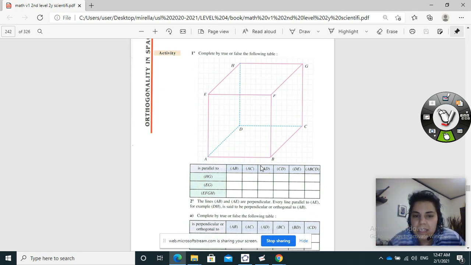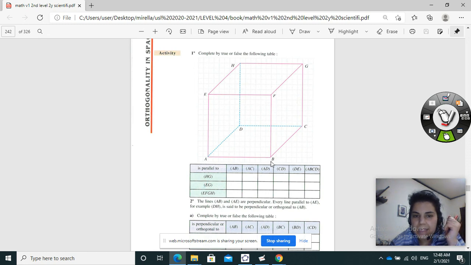Now BF and AD, the same: I can move AD, I can translate it and it becomes BC. BC and BF form a 90 degree angle, but BF and AD don't have a letter in common, so they are orthogonal. BF and BC have B in common, there is a 90, yes, so perpendicular. BF and BD are also perpendicular.